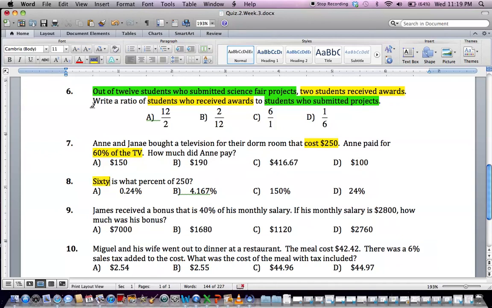Here's 60. Think about what is means. What percent? And then of 250. We can set that up with a percent proportion, or we can calculate this and put it in our calculator.